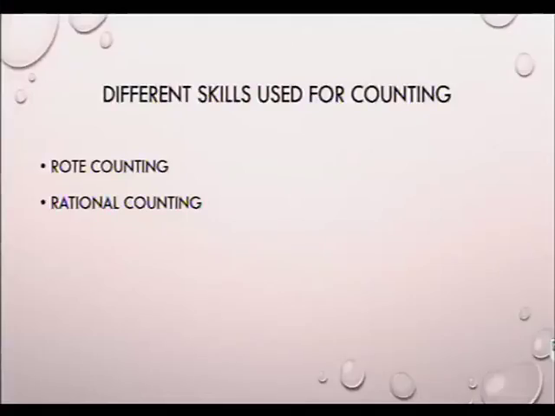Another counting skill, rational counting. Rational counting requires the learner to now match the numeral with the number of objects. If they say 2, the learner should know how many objects 2 will be.